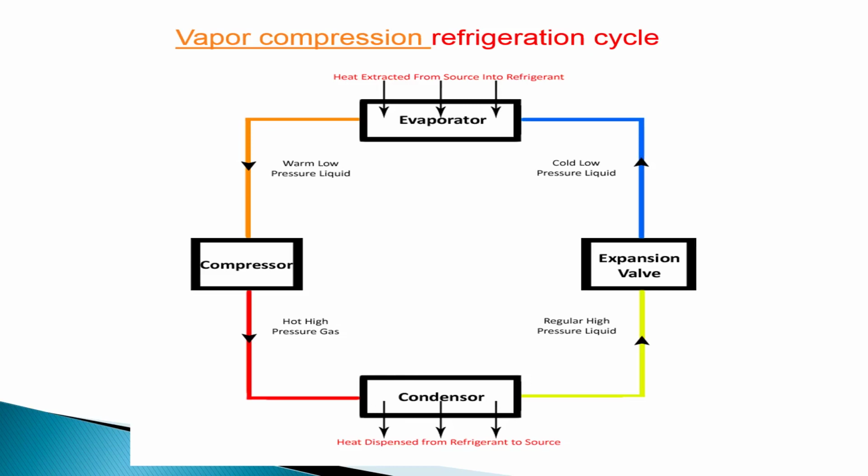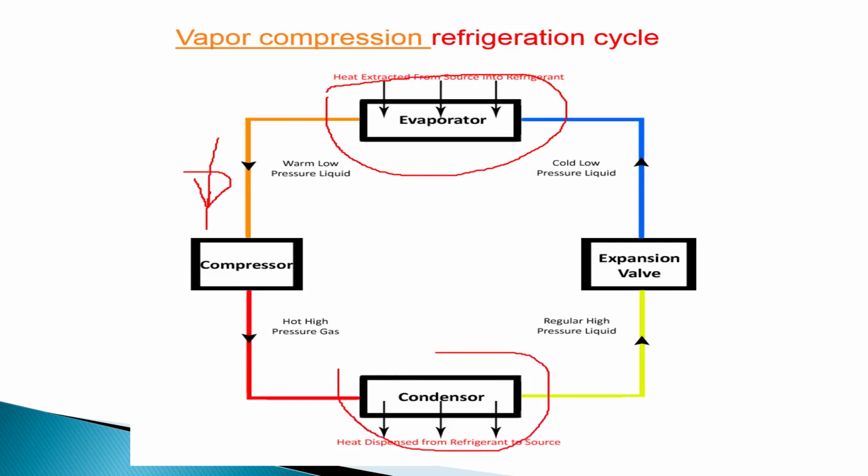In case of the vapor compression refrigeration system, a fluid is used as a heat absorbing medium. It undergoes change of phase from liquid to vapor, absorbs the heat from the space to be cooled, and rejects heat to the atmosphere or surroundings.